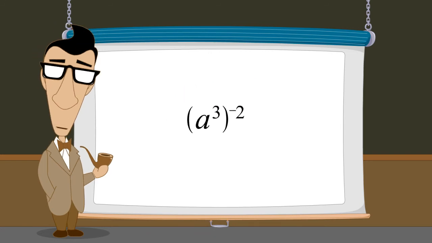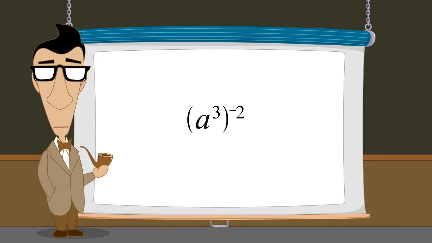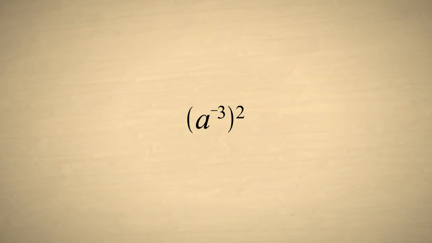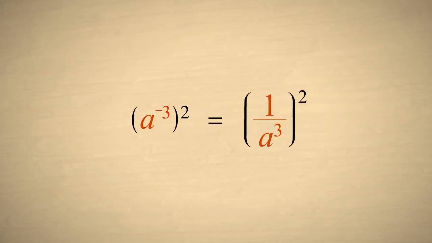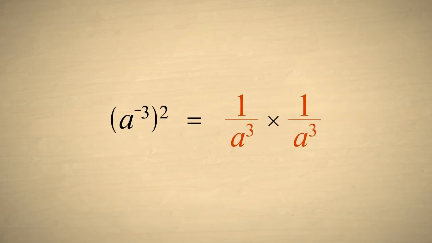Now let's try the same problem, except this time we'll make the other exponent negative. We'll start by rewriting a to the negative third as 1 over a cubed. And squaring 1 over a cubed is the same as 1 over a cubed times 1 over a cubed.